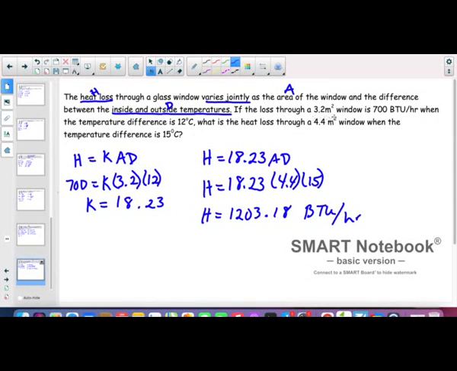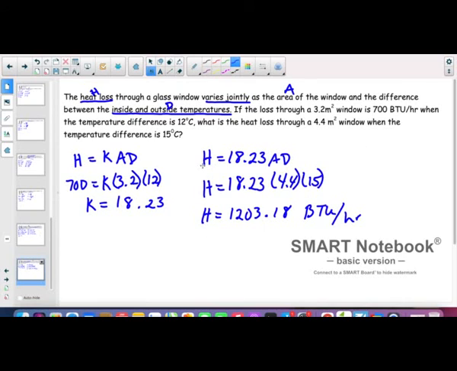If the loss through a 3.2 meters squared window, so that's my area, is 700 BTU per hour, so that's my heat loss, when the temperature difference is 12, so that's my D, I use that information to find K. I rounded to 2 decimal places, so that's 18.23 for my K value. Now, if you rounded to something different, you may get something slightly different with your estimate of your K value, but that's okay. As long as you're pretty close, we're good.